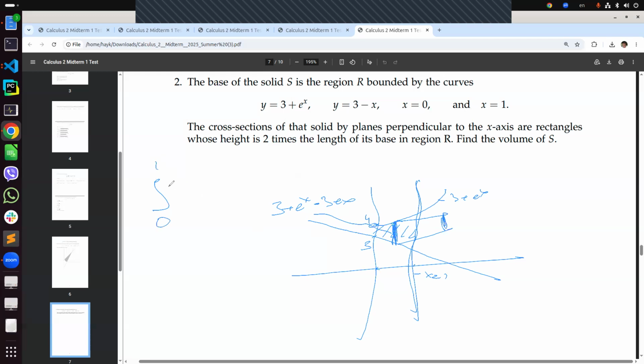The area of the rectangle, as we said, is 2 times exponential x plus x, squared. So opening the square here, we get 2 times the integral from 0 to 1 of exponential x squared plus 2 times x exponential x plus x squared.